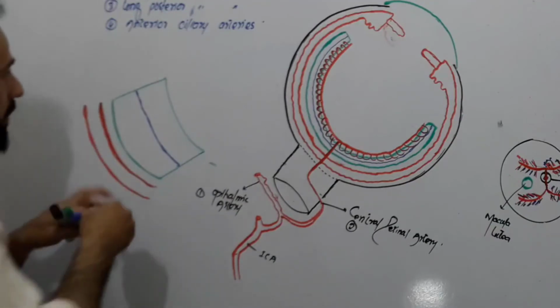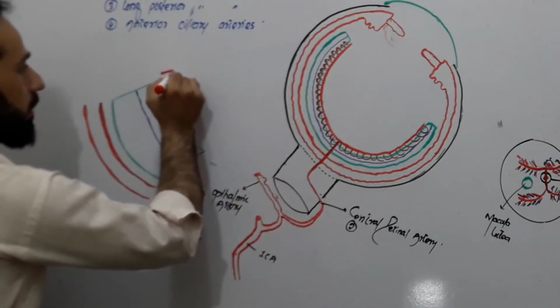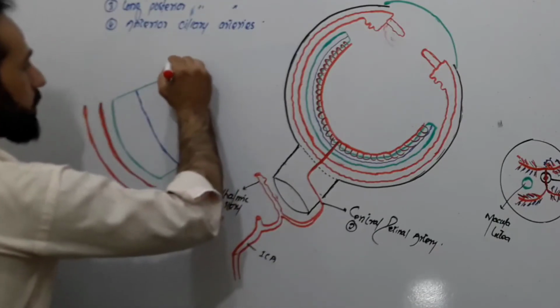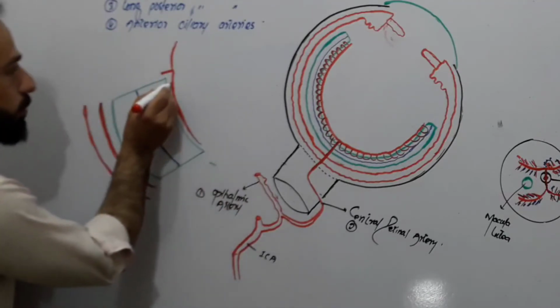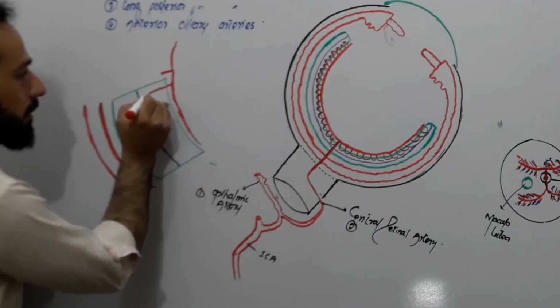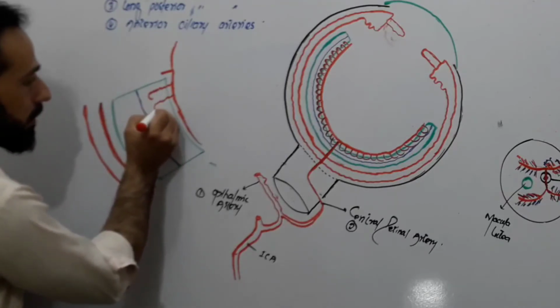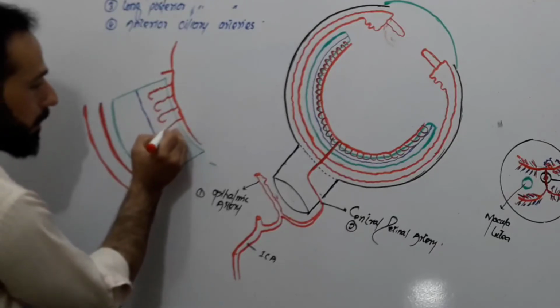Okay, we know that there is the emergence of your central retinal artery. Now this central retinal artery will give off branches, this branch and that branch. And this branch will give capillaries towards your inner retina. So these are those branches of the central retinal artery.